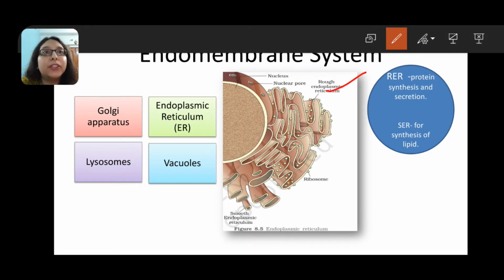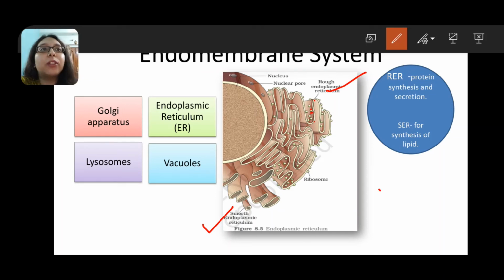You can see in this picture that small dots are attached to the outer surface. These are the ribosomes and therefore that is the rough endoplasmic reticulum. Similarly, over here you see that this endoplasmic reticulum has no attached ribosomes on its outer surface. That is the smooth endoplasmic reticulum. So, two types of endoplasmic reticulum: rough endoplasmic reticulum with ribosomes attached, and smooth endoplasmic reticulum with no ribosomes attached.